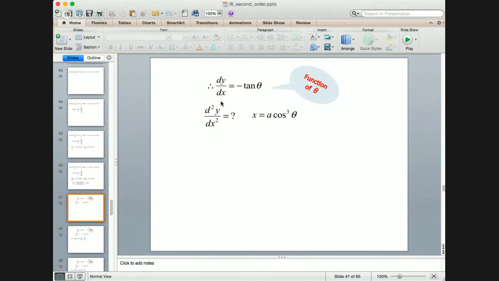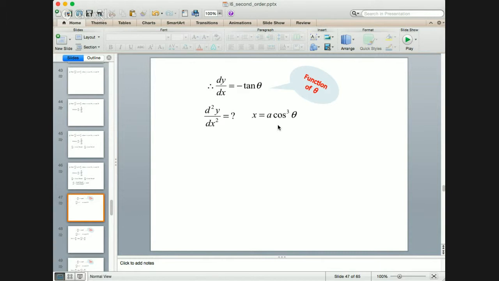But dy by dx is a function of theta. x is also a function of theta. So I have to differentiate negative tan theta with respect to x, but x is a function of theta. So I'm looking at two functions, dy by dx and x, both being functions of theta. So there is again a parametric differentiation that's going to come in.